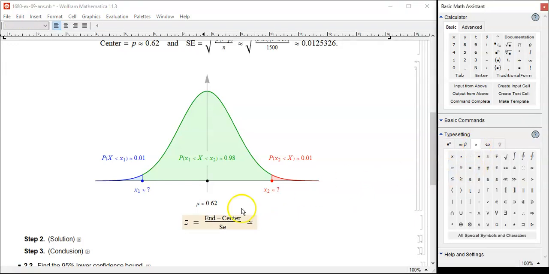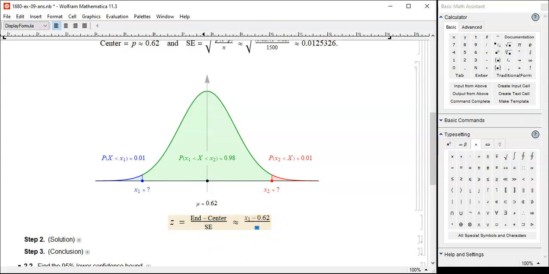Approximately. Okay, end. This end, x1, minus the center is 62%. And then over SE. But then again, what is the SE formula?